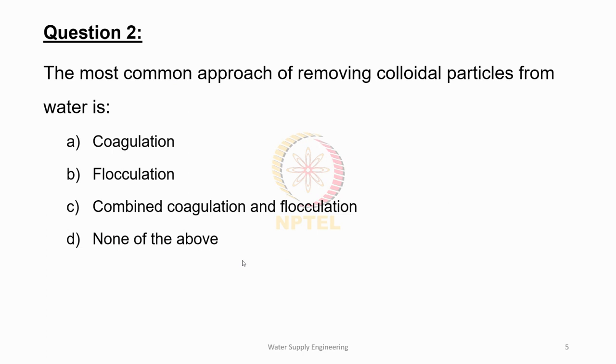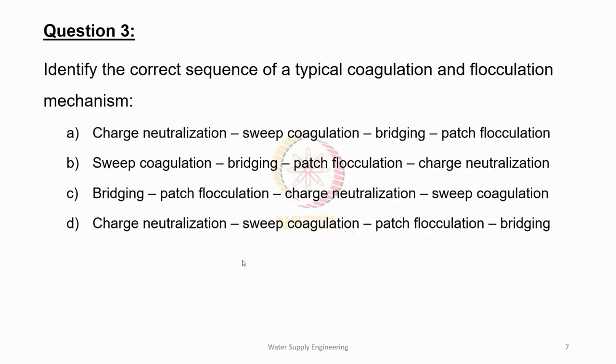Next, which question is question number 3? Okay, three. Three is to identify the correct sequence of a typical coagulation flocculation mechanism. Option A, charge neutralization, sweep coagulation, bridging, patch flocculation. Option B, sweep coagulation, bridging, patch flocculation, charge neutralization.